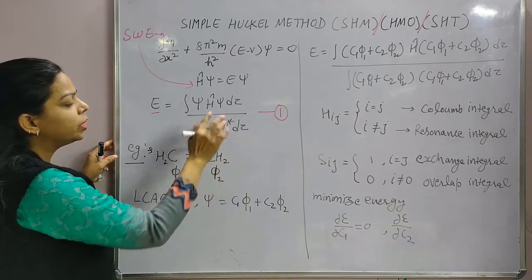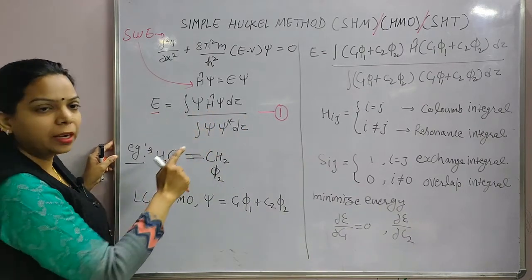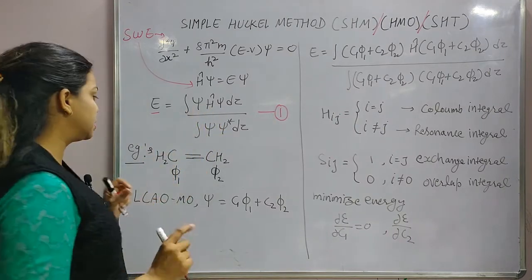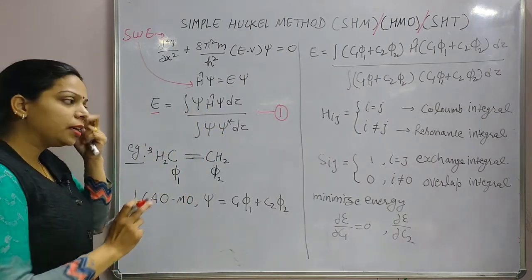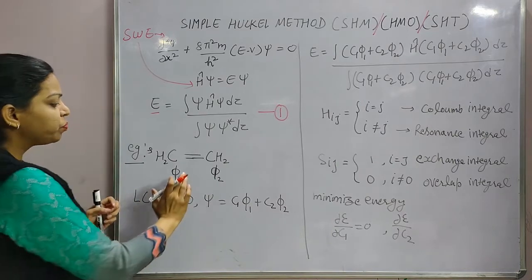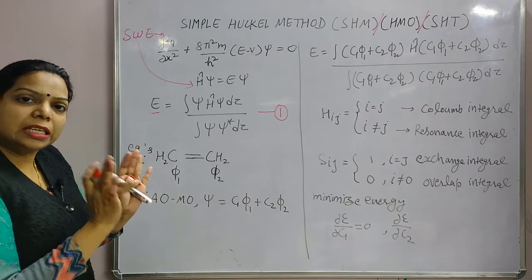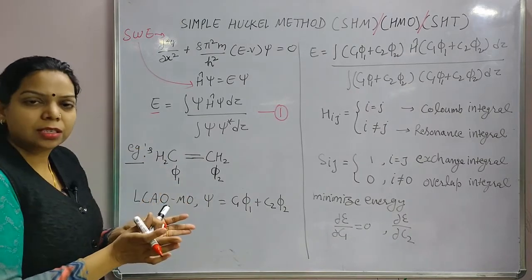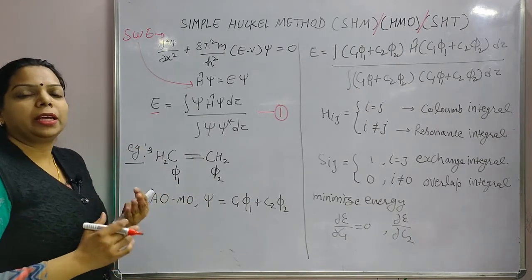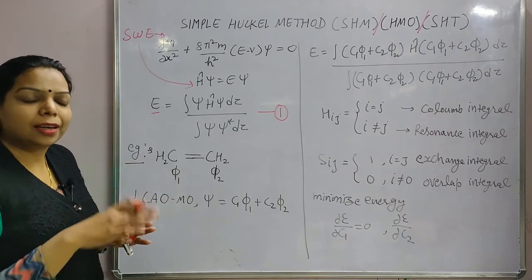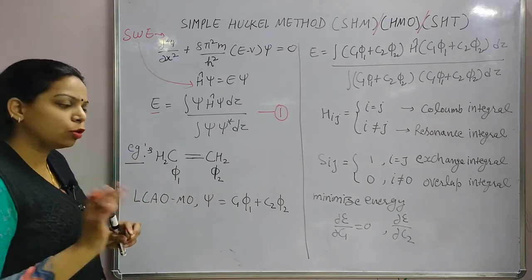Here H is the Hamiltonian operator and psi is the molecular orbital wave function. I am taking the simplest example of ethene, with only 2 carbon atoms, so it is easy to understand the system. After that we will be able to expand it to any number of carbon atoms or any cyclic compound.